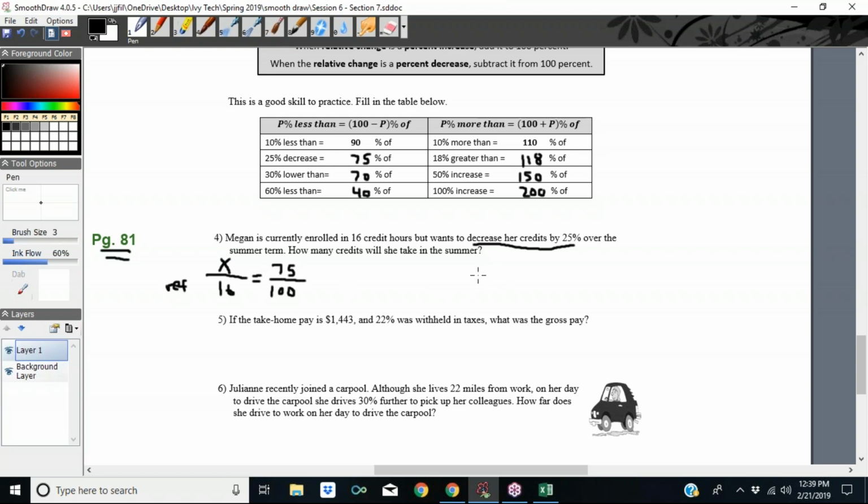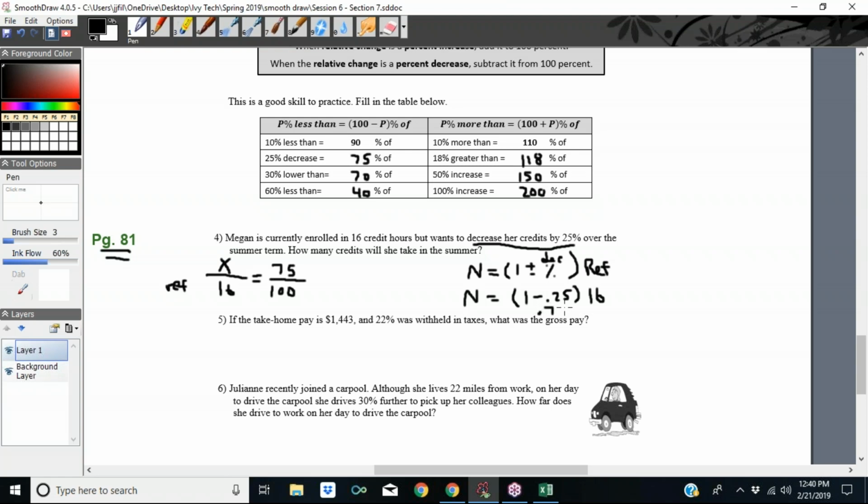Another way we can set this up is we can say that the new amount is 1 plus or minus the percent as a decimal times the reference or the old amount. So if we were going to set this one up with an equation, we'd say the new number of credits is 1 minus 0.25 times the reference amount, which was 16.